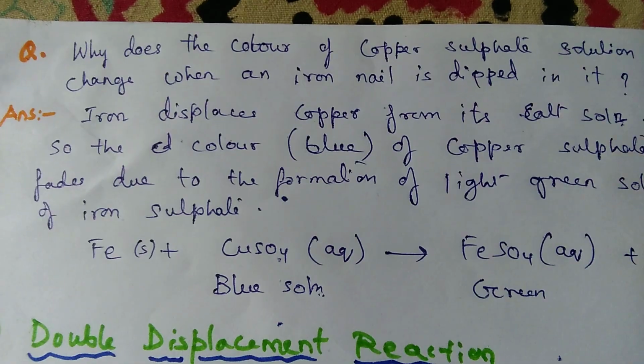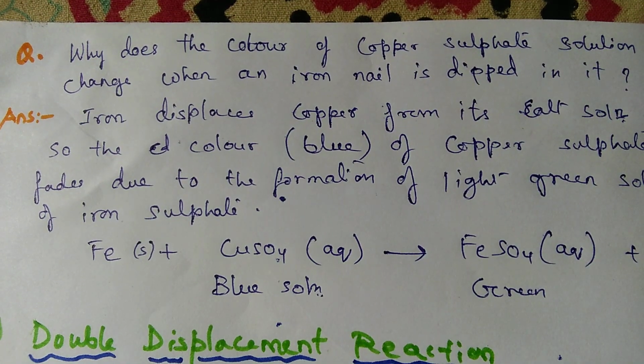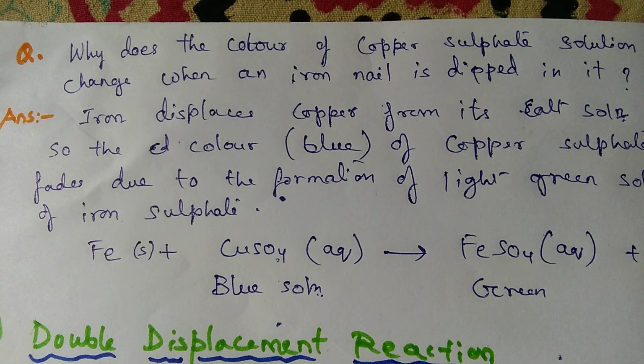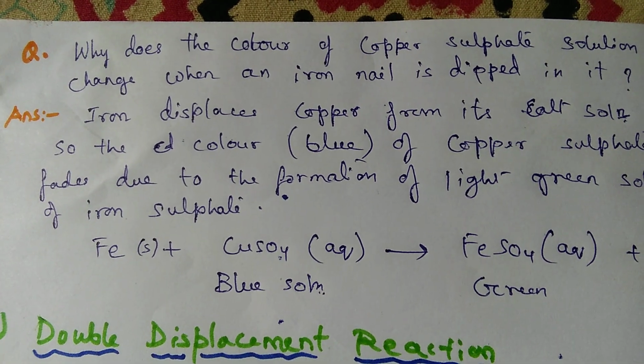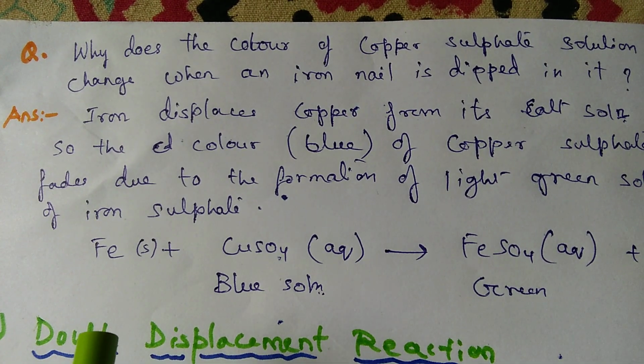There is an example question here. Why does copper sulfate solution change its color when an iron nail is dipped in it? Because iron is more reactive than copper.